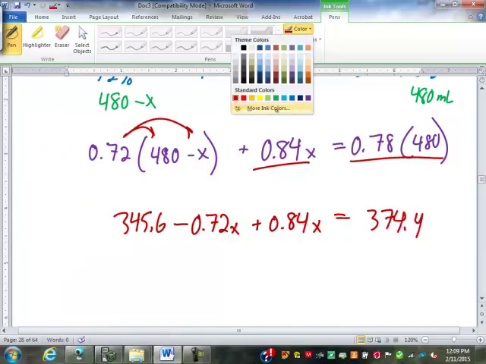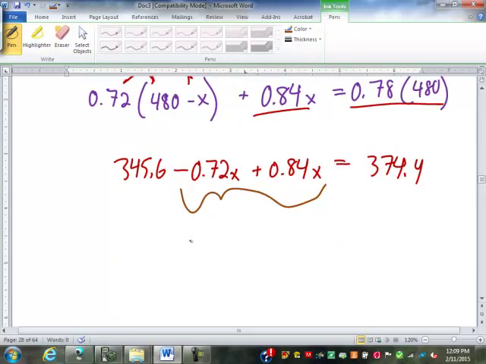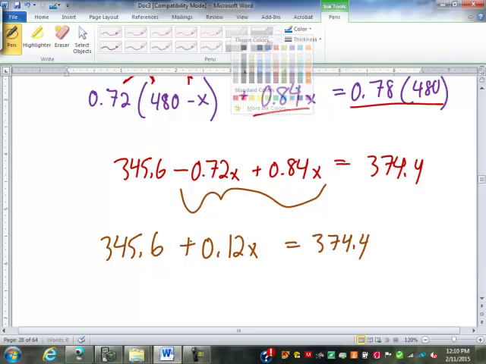And now we're going to solve. We're going to combine negative 0.72 and positive 0.84 is a positive 0.12x. We'll still have the 345.6 equals 374.4. And we're going to subtract 345.6.